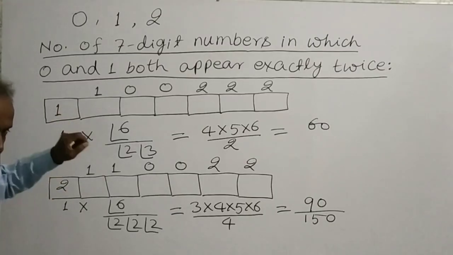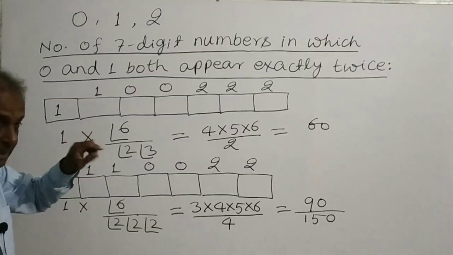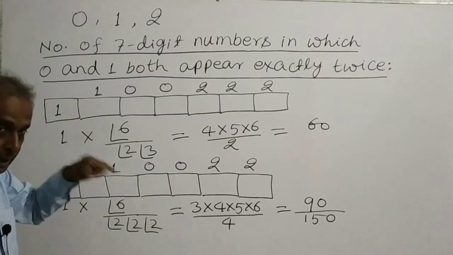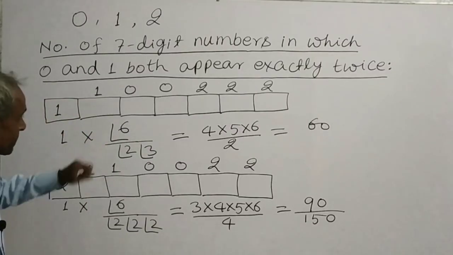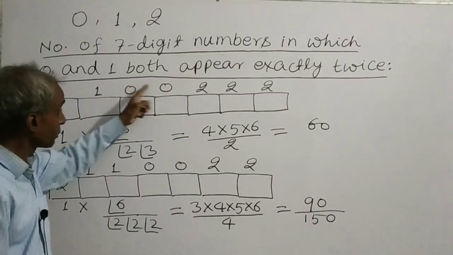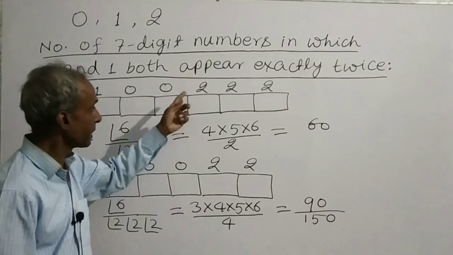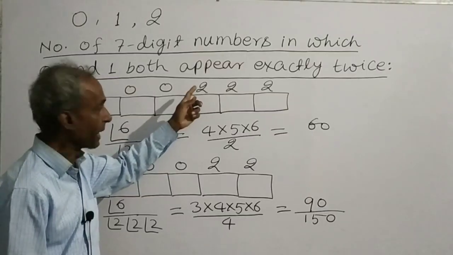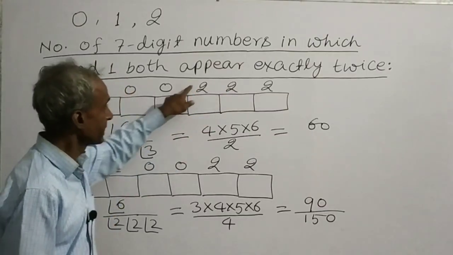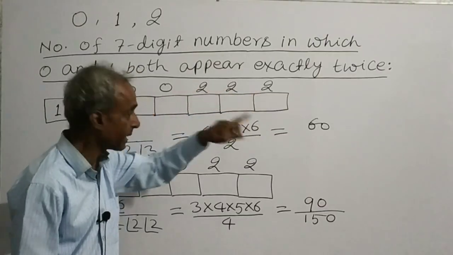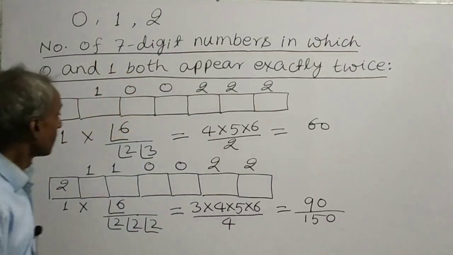Since we have to put 1 exactly 2 times and 0 exactly 2 times, the remaining places will be filled by 2. That means 3 places will be filled by 2.